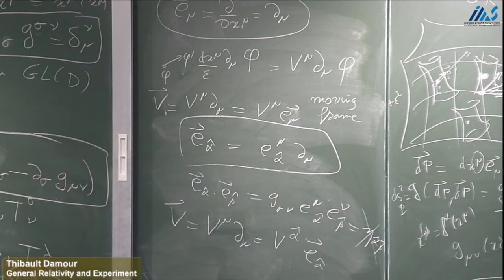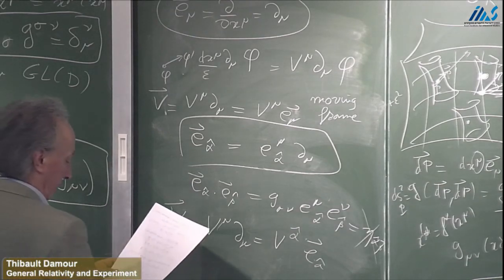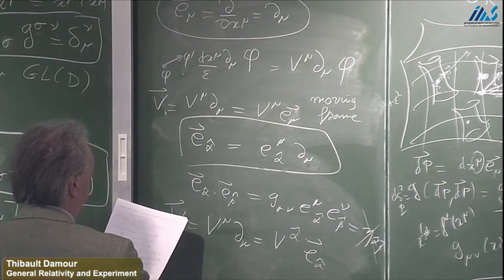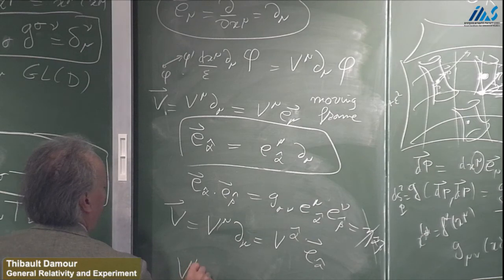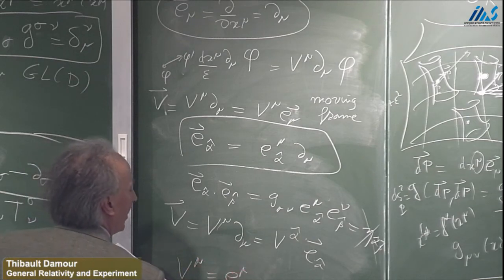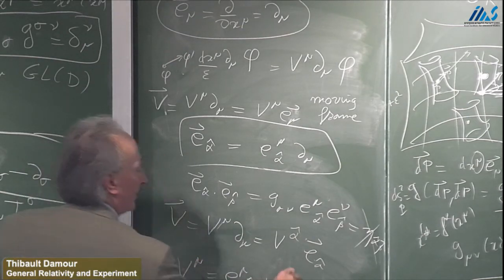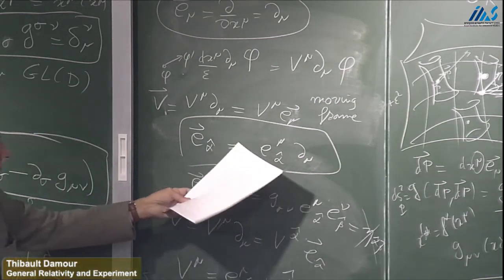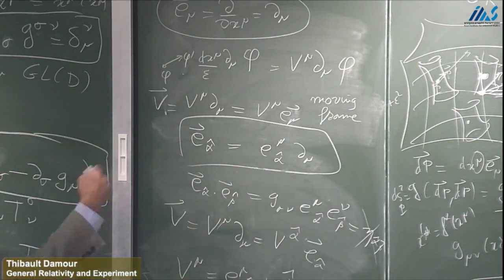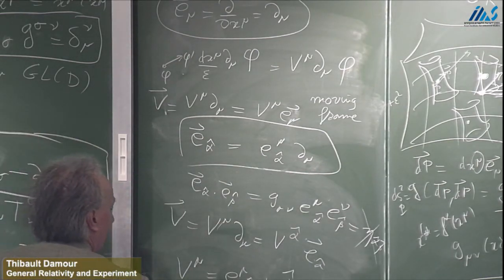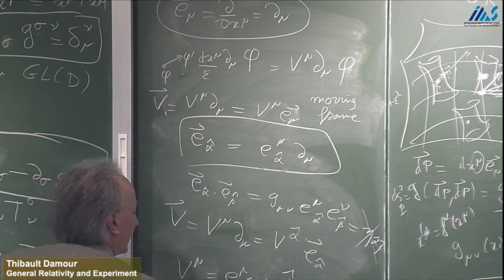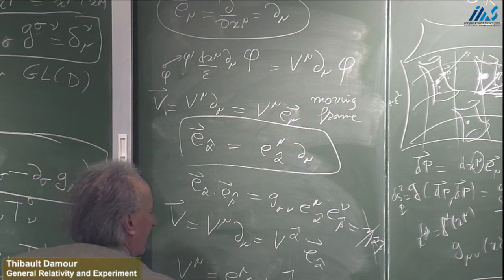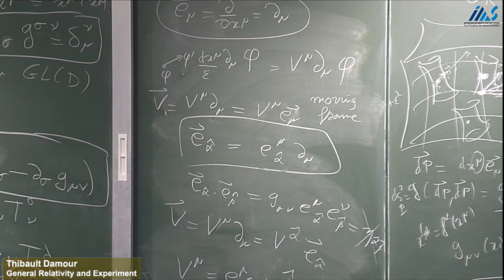A vector can be projected on any set of independent vectors. The connection between V mu and V alpha is simply that V mu is E mu alpha V alpha, because if you replace this into this, you get this. And if you take the reverse, you get that V alpha is E alpha mu V mu, where I have defined this matrix as being the inverse of this matrix.